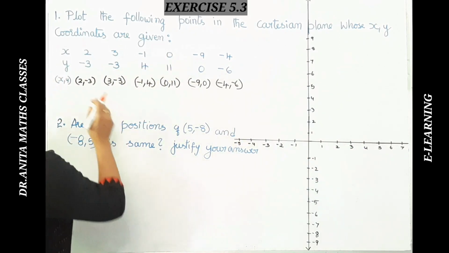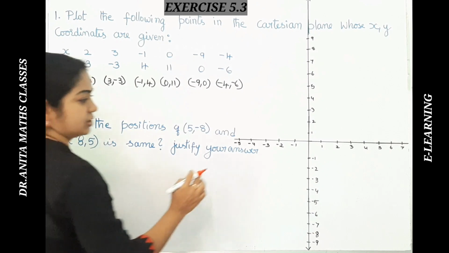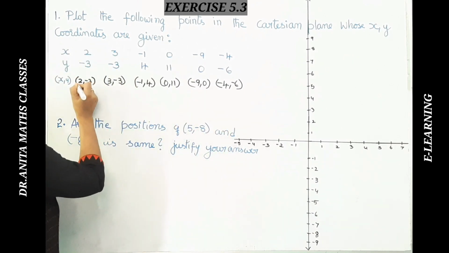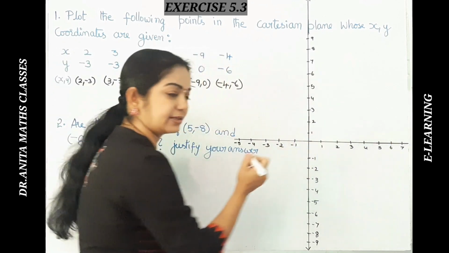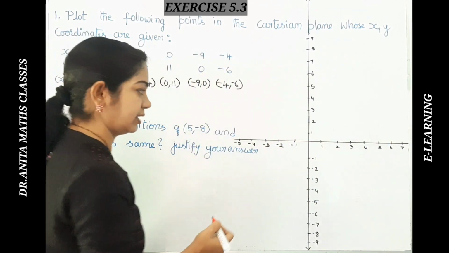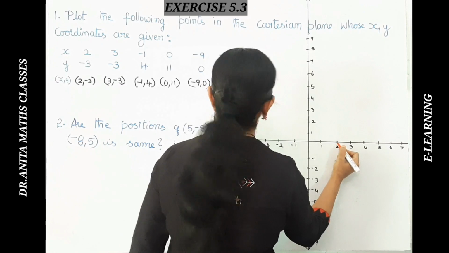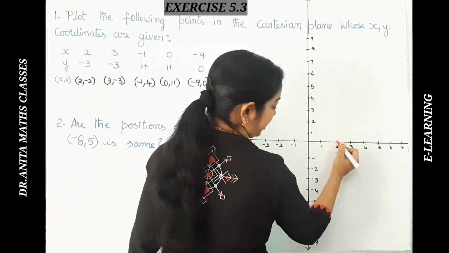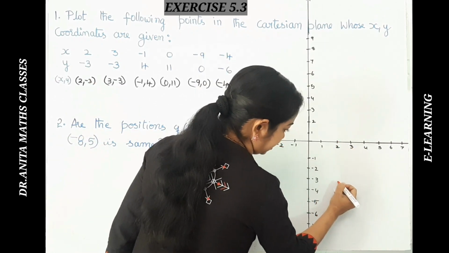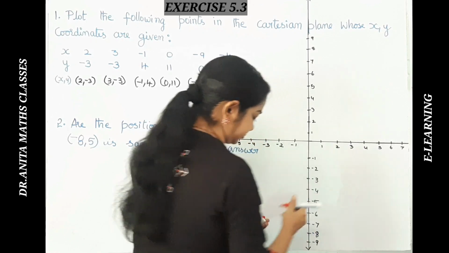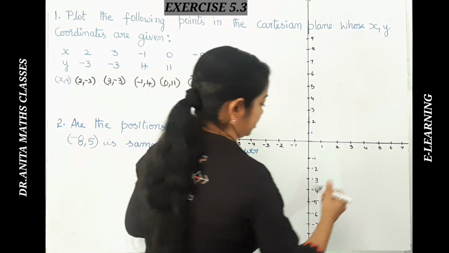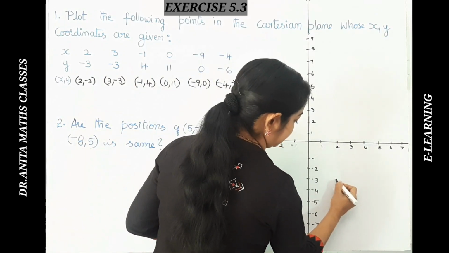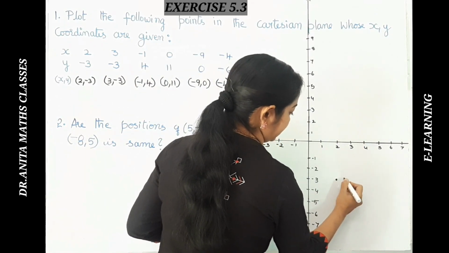Now here we will plot (2, -3). So first you have to see that 2 is the abscissa, the x coordinate, then proceed to the y coordinate. So x is 2, and -3 comes down here, isn't it? So this point.